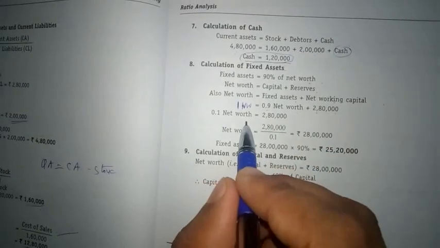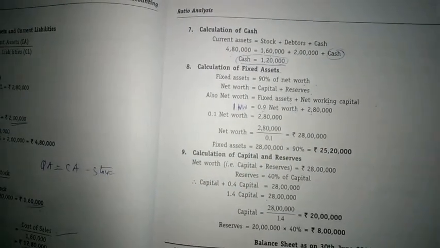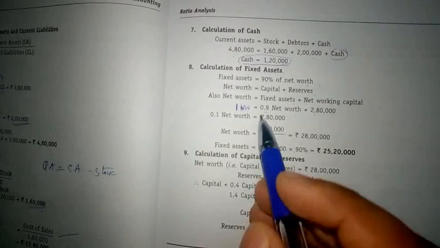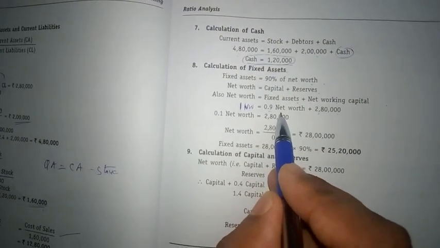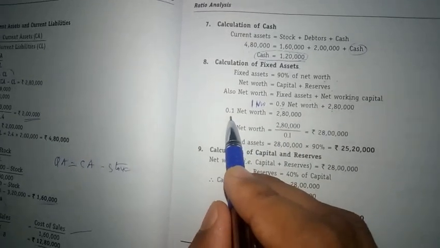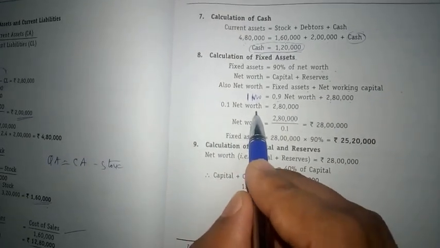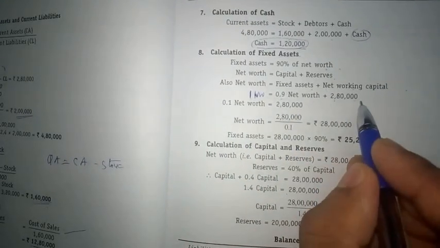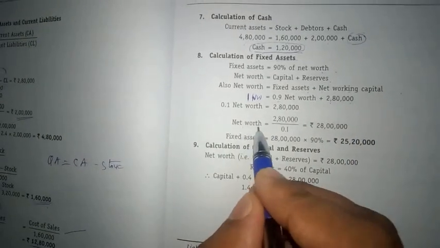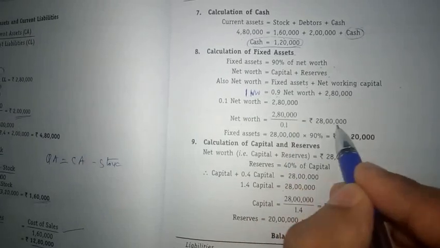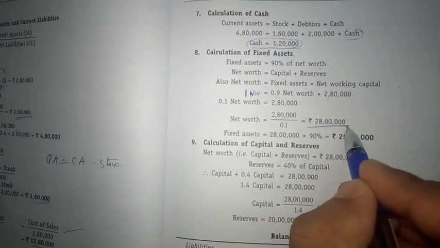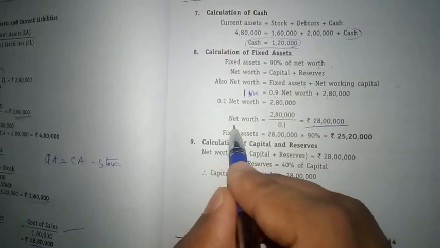So if you bring common factors to one side, you will get 1 net worth minus 0.9 net worth. So you will be left with 0.1 net worth is equal to 2,80,000. Therefore net worth is equal to 2,80,000 divided by 0.1. You will get 28 lakh, that is total net worth.